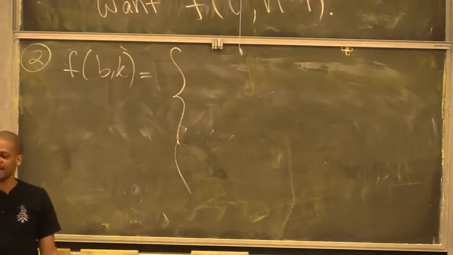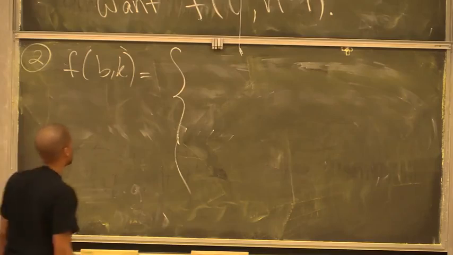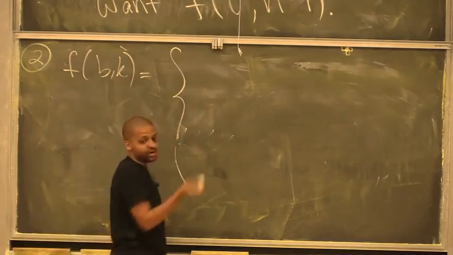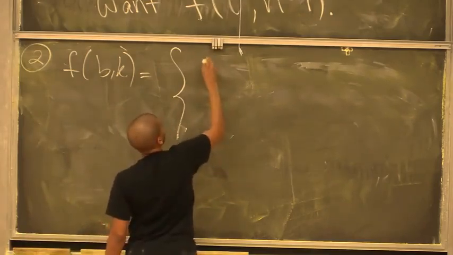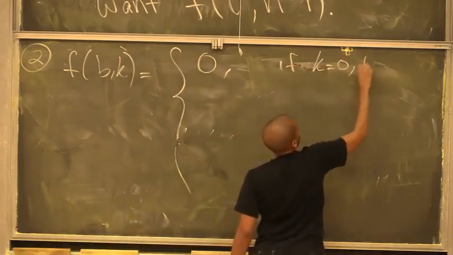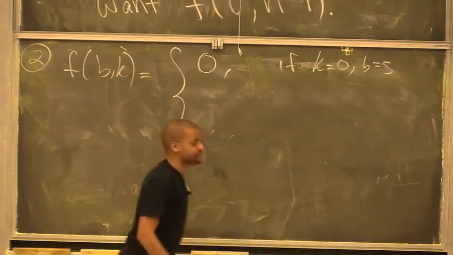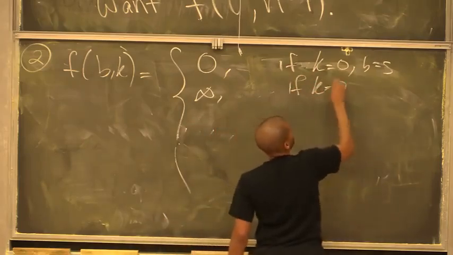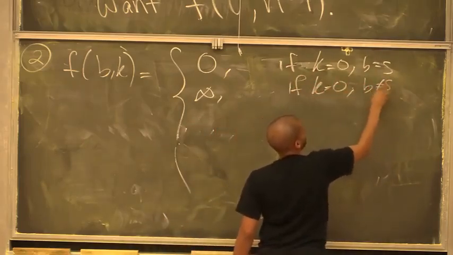I'm not allowed to use any edges. If I'm not allowed to use any edges, then either the answer is 0 or infinity. It's 0 if k is equal to 0 and b is equal to s, since I'm already at s. Otherwise, it's infinity if k is equal to 0 and b is not equal to s.